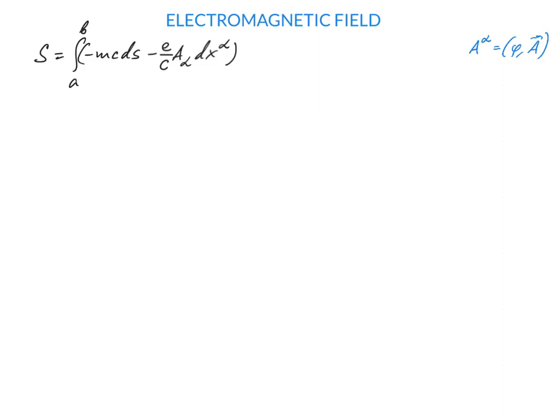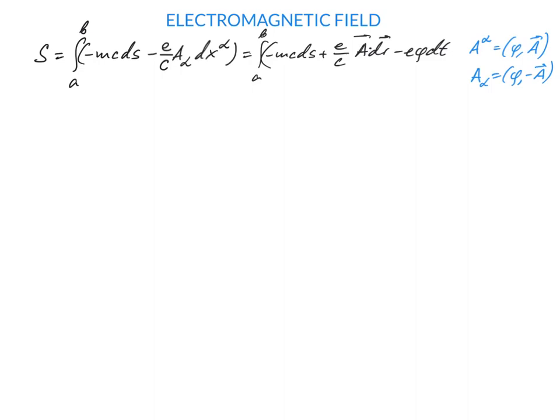The covariant components will be phi and minus A. So if we substitute this here, we find, in addition to the first term, plus e over c A dr minus e phi dt.